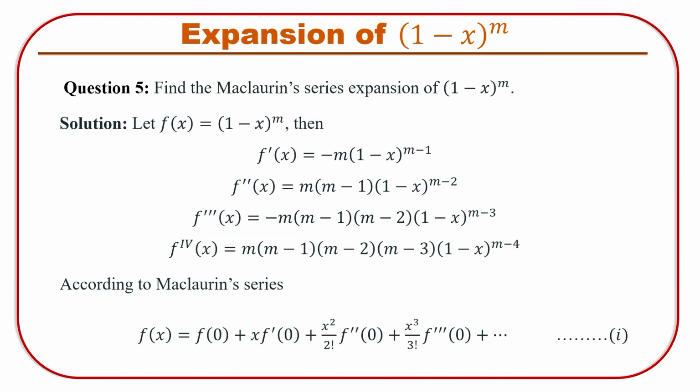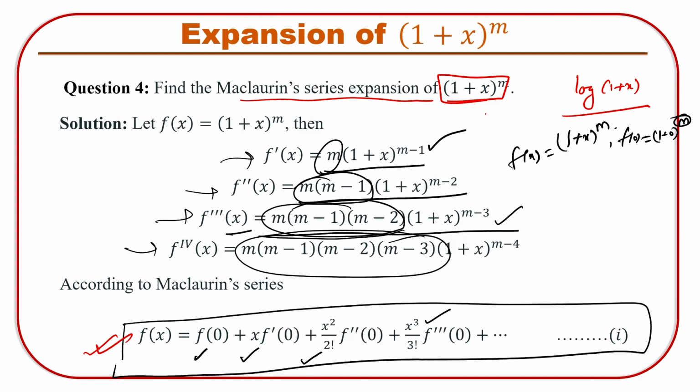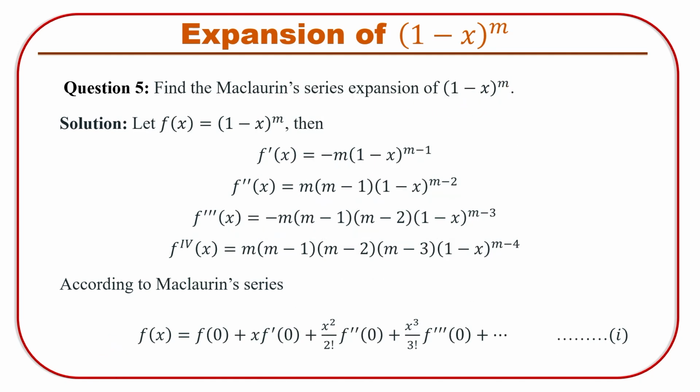Now, look at the expansion of 1 minus x to the power m. In the previous question, we found the Maclaurin series expansion of 1 plus x to the power m. Here, we have to find the Maclaurin series expansion of 1 minus x to the power m.